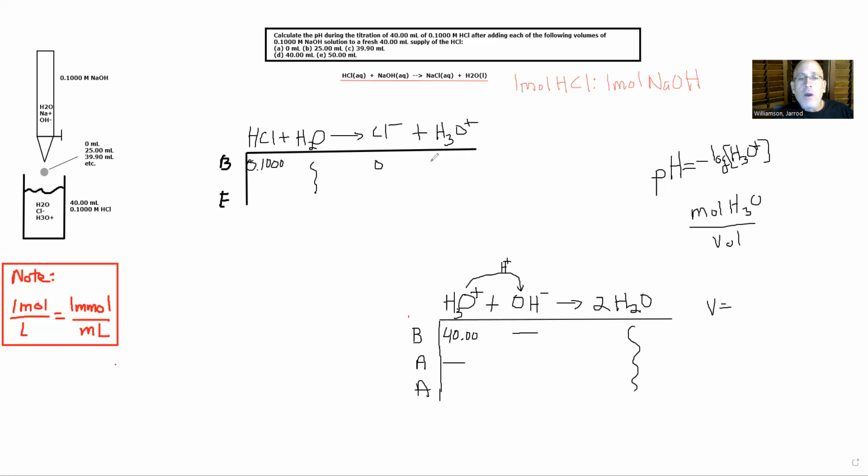And this will be 0, and this will be approximately 0. And then once it reacts with the water, because it's a strong acid, that'll be 0. This will be 0.1 molar, and this will be 0.1 molar.